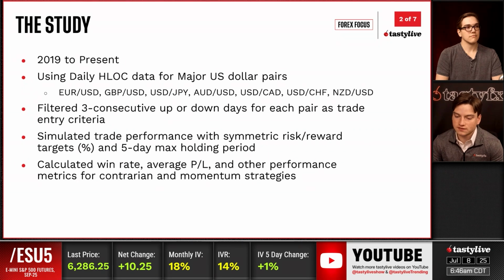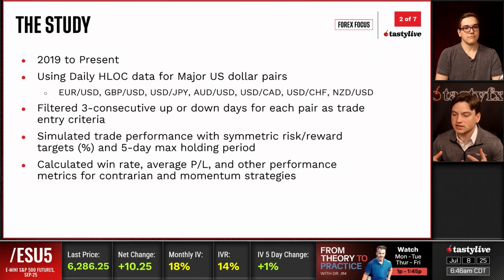And so we used this 5-day max to try and determine how symmetric risk reward performance fares, and what kind of profit targets we should expect with this max holding period, and calculated win rate, a ton of performance metrics for you. So don't want to waste any more time getting into it.